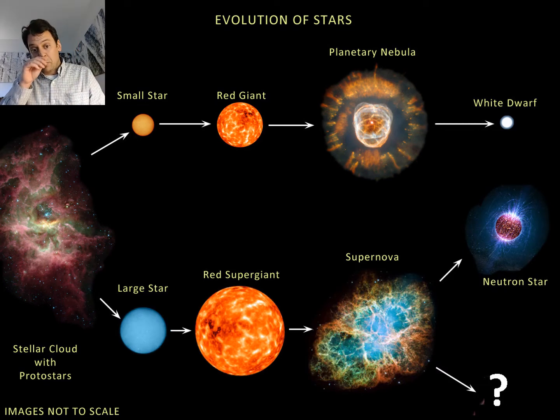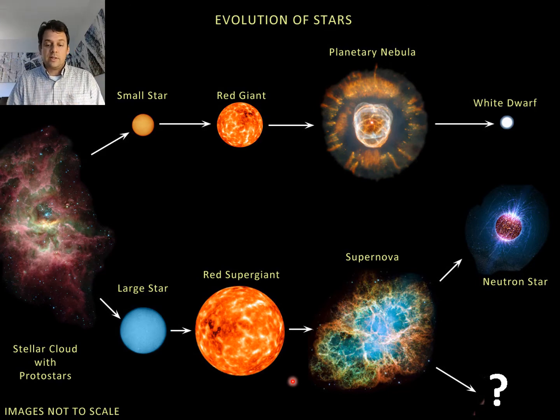On the other hand, 3% of the stars in the universe are massive stars. Those massive stars evolve much more quickly on the main sequence. They evolve into red supergiants. Those supergiants are hot enough in their stellar cores that they can fuse higher Z elements, eventually stopping at iron because that's the most stable nucleus.